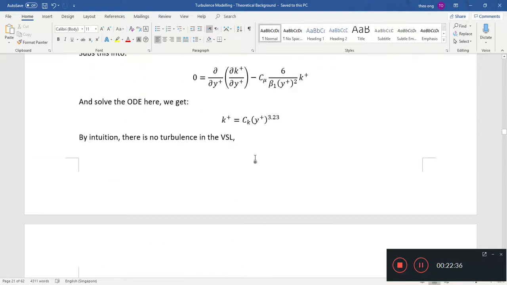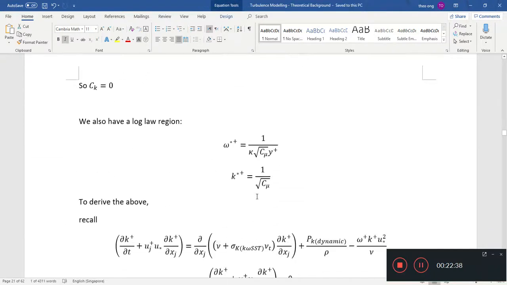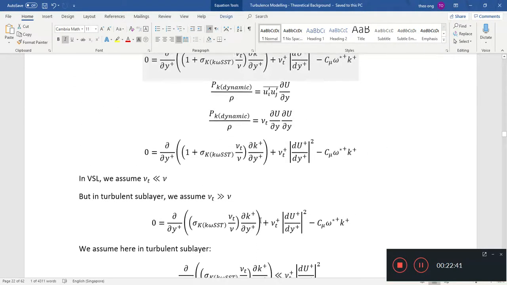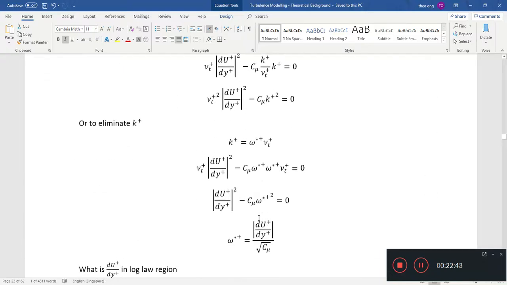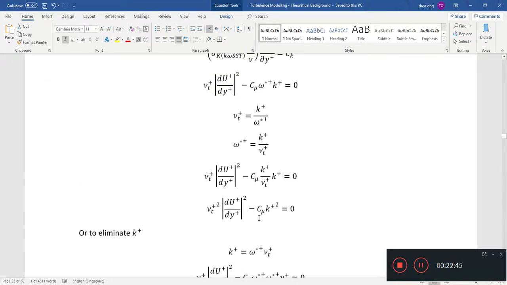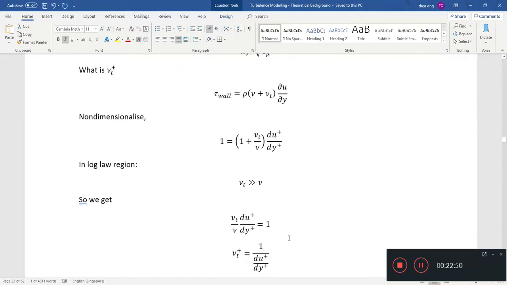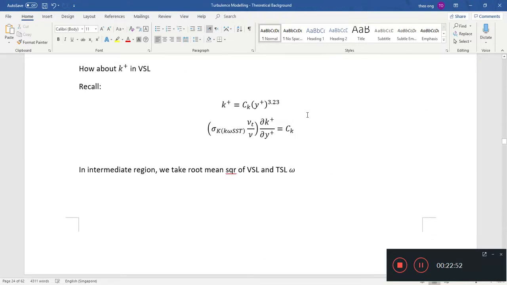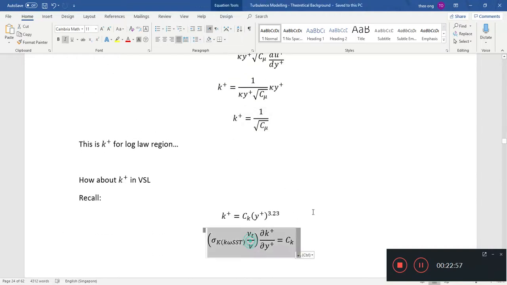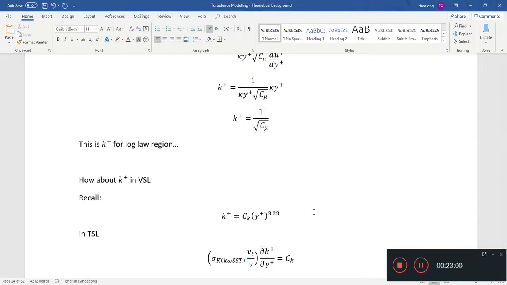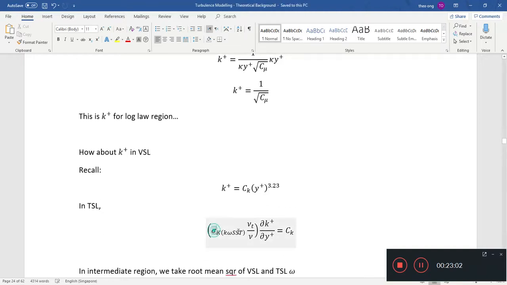Yeah, Ck is here. This is it. In the turbulent sublayer, we have all of this equals some Ck here, and this is where the Ck actually comes from.